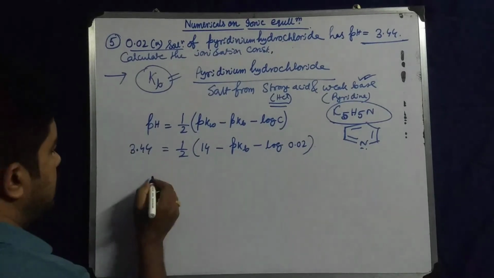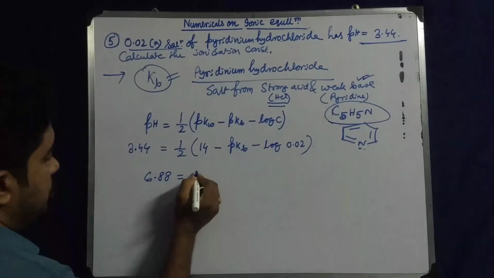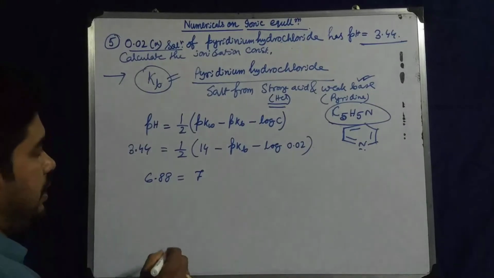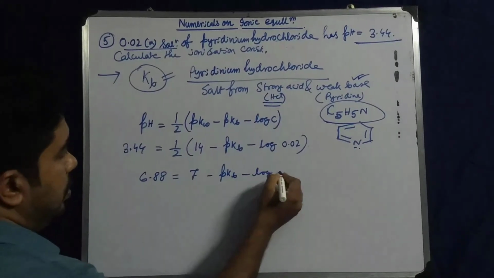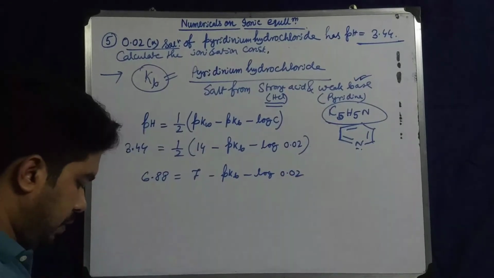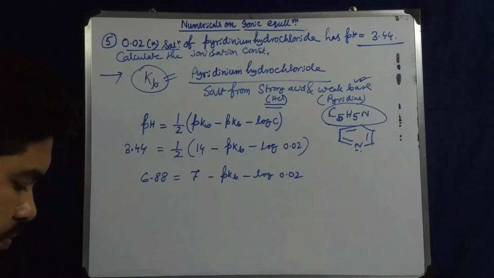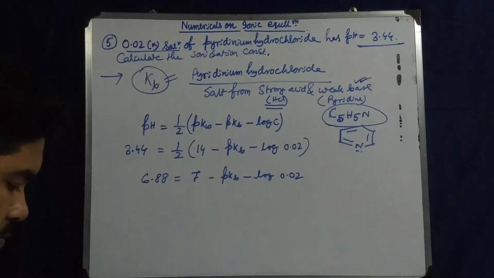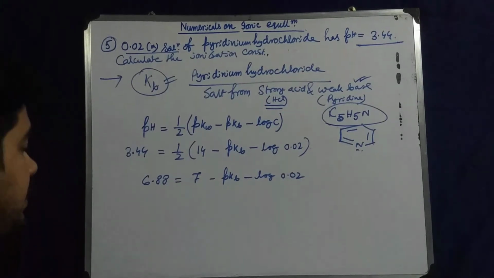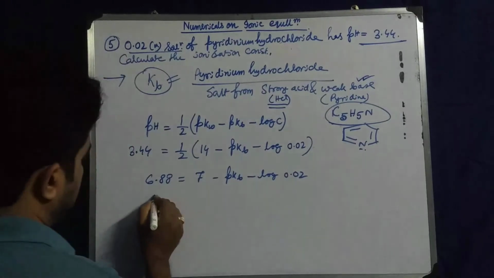So 6.88 equals 7, minus pKb minus log 0.02. If we calculate minus log 0.02, we get 1.7.